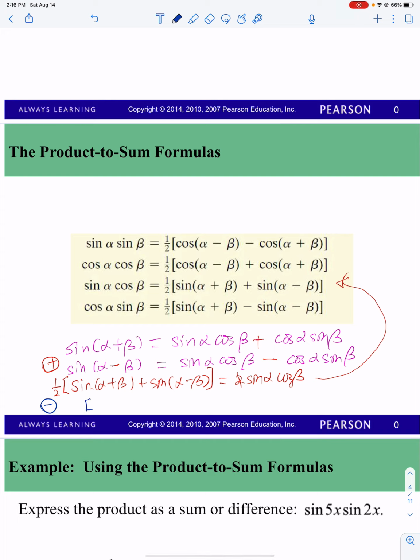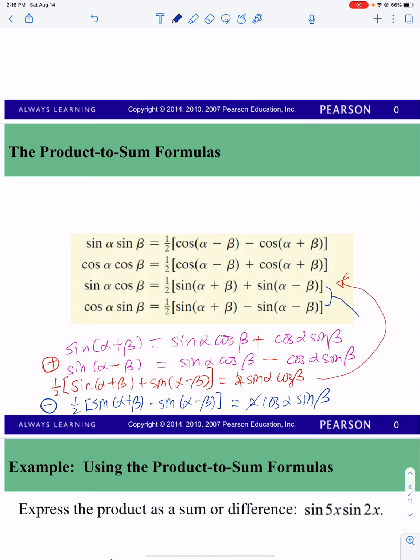Sine of alpha plus beta minus sine of alpha minus beta equals what? 2 cosine alpha sine beta. And similarly, you can move the 2 to the other side. So you will get cosine alpha sine beta.